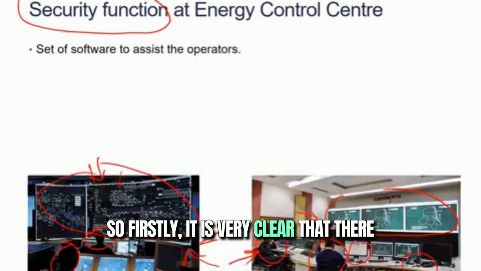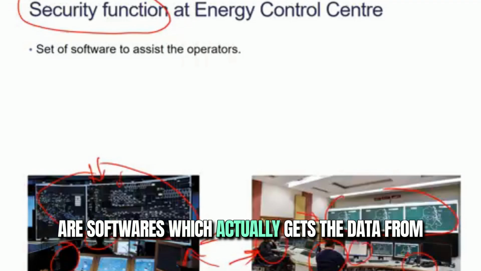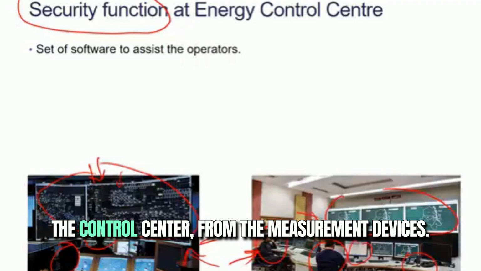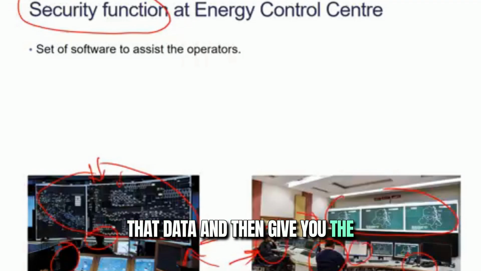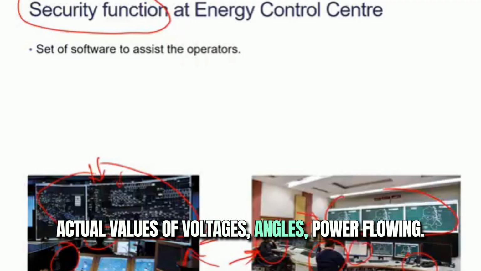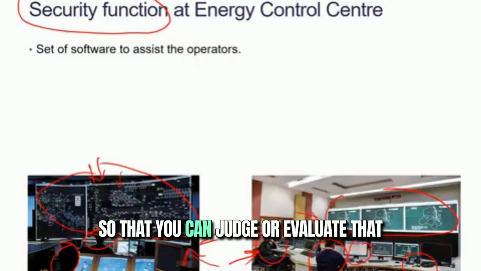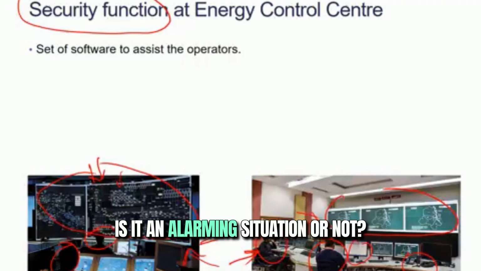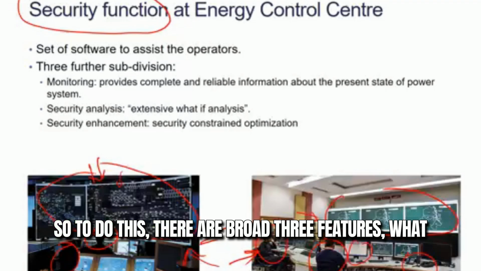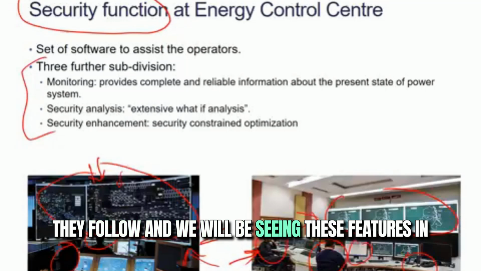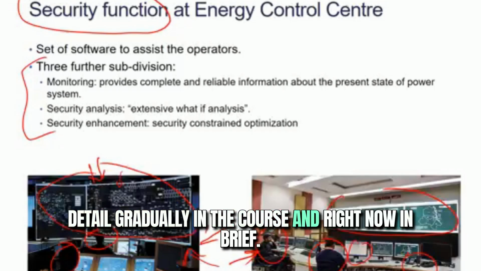Firstly, it is very clear that there is software which gets the data from the measurement devices, immediately processes that data and gives you the actual values of voltages, angles and power flowing, so that you can judge whether it is an alarming situation or not. To do this, there are broadly three features they follow, and we will be seeing these features in detail gradually in the course, and right now in brief.